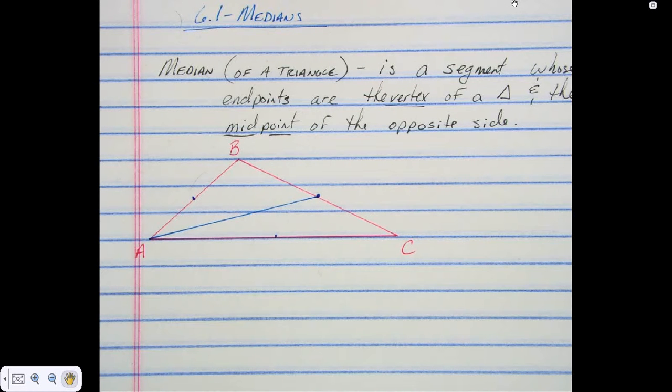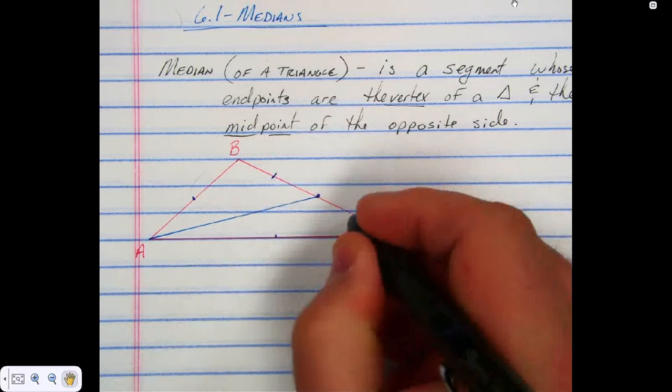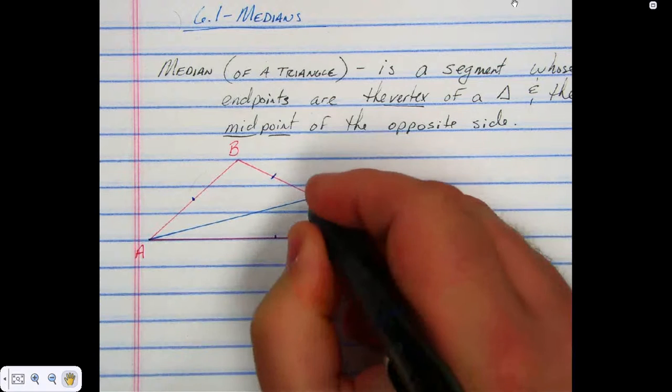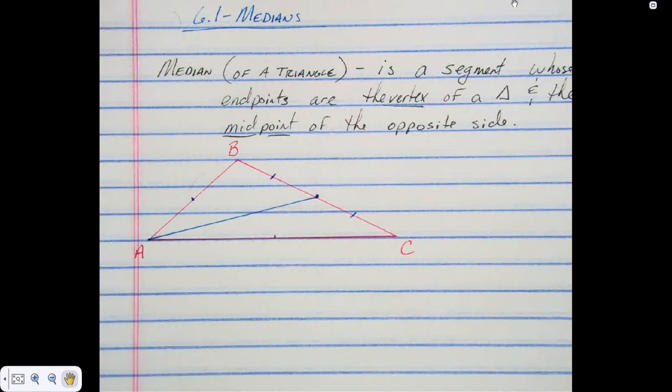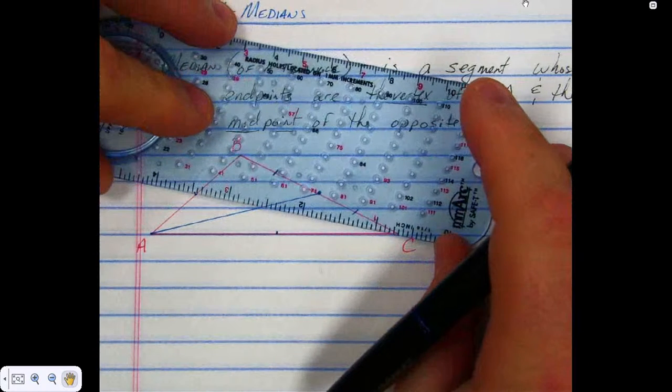Now, does it look like this is right in the middle here? Yes, it does. So that is a median because it goes from a vertex to the midpoint. I measured this one pretty accurately, so I'll do this one next.